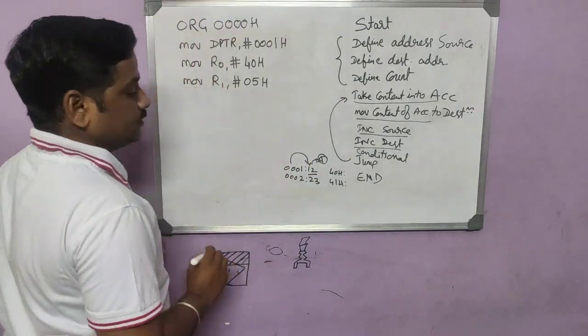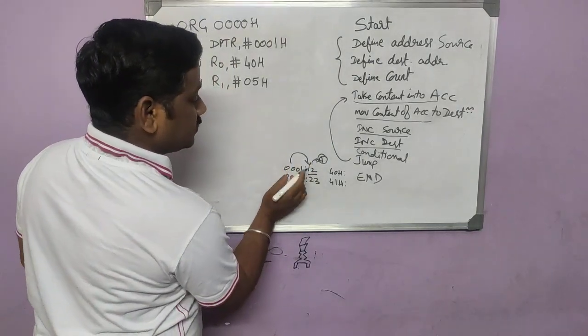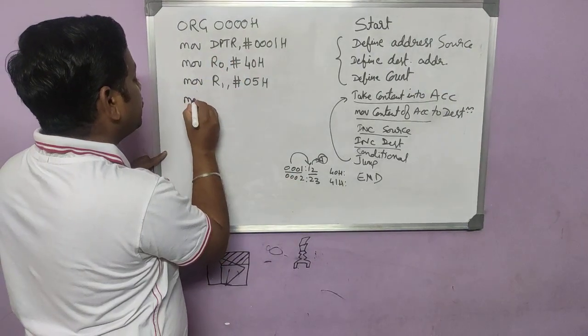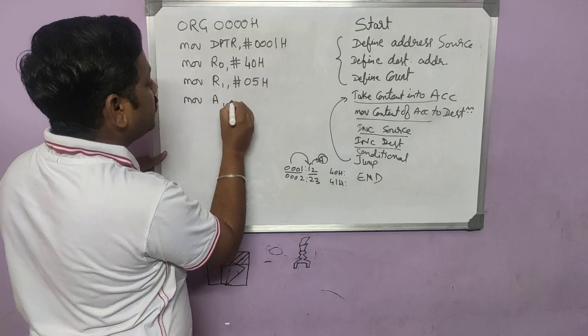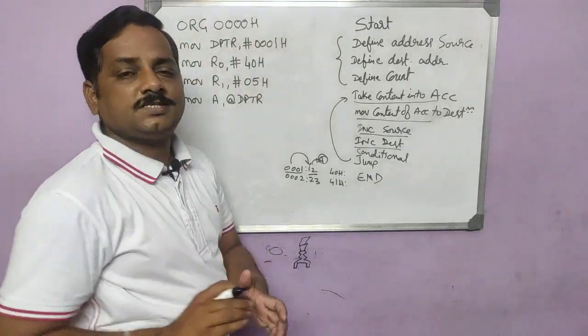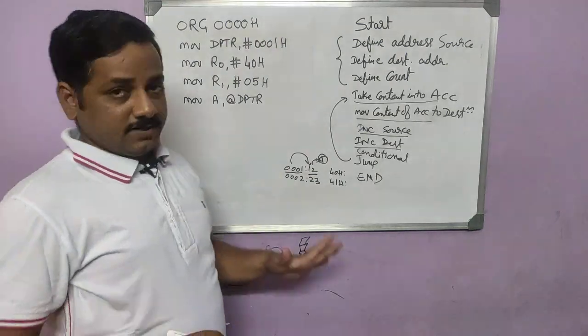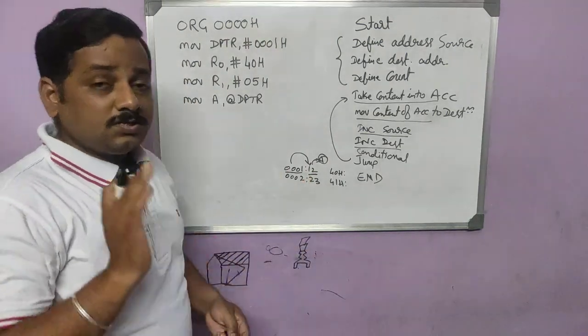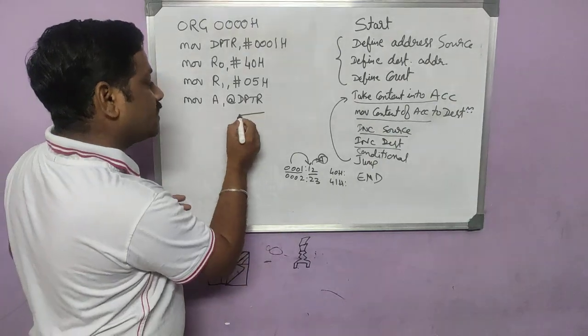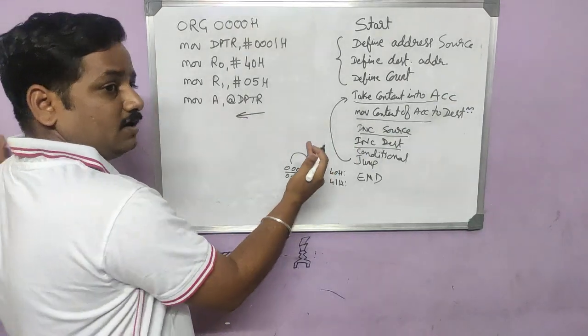To get that, we know that this address is already stored in DPTR. So I can write it like this: MOV A, @DPTR. So what is happening here? One thing you need to understand in a microcontroller is that it always works right to left.